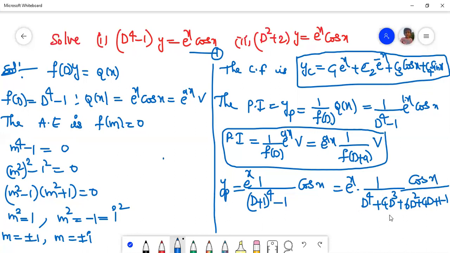Do you understand this expansion? Yes, ma'am. That is (x plus 1) whole power n, with nC0, nC1, and so on. Here 4C0, 4C1, 4C2, 4C3, 4C4. We know that 4C0 and 4C4 are equal to 1, 4C1 and 4C3 are equal to 4, and 4C2 is 6. Okay.